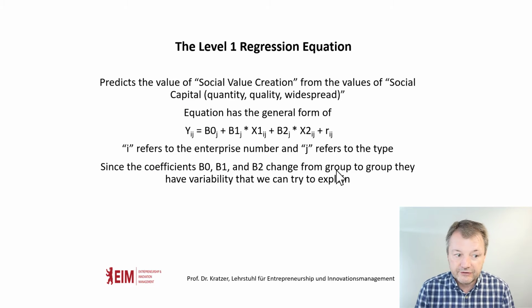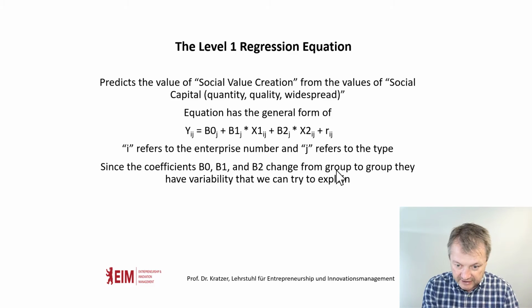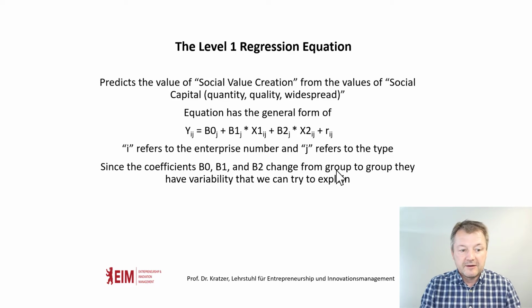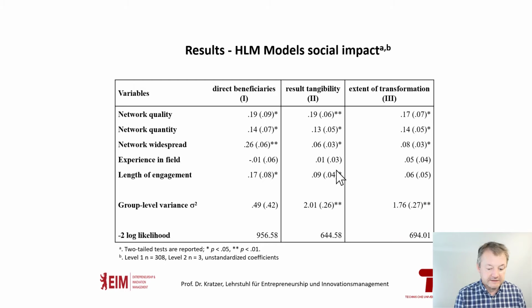Then you come with a simple regression analysis where you actually see that social value creation, in whatever kind, is depending on some network variables and some control variables. And we look whether on a group level, these three kinds, charity, hybrid, profit-driven, make a difference when we research that. And that's displayed in this table.